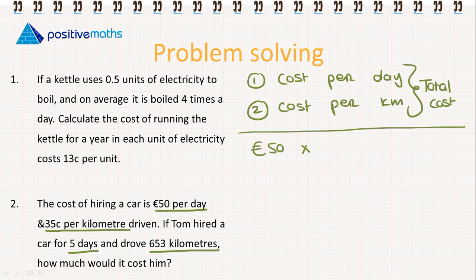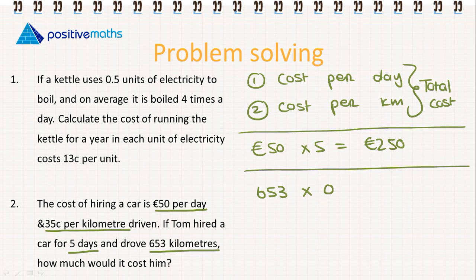Okay, so if it's €50 per day, then it's going to be €50 multiplied by 5 for the cost per day. So we're going to get €250. The next part then is 35 cents per kilometre. There's 653 kilometres. Again, remembering it's 0.35 because we want to find it in euros.